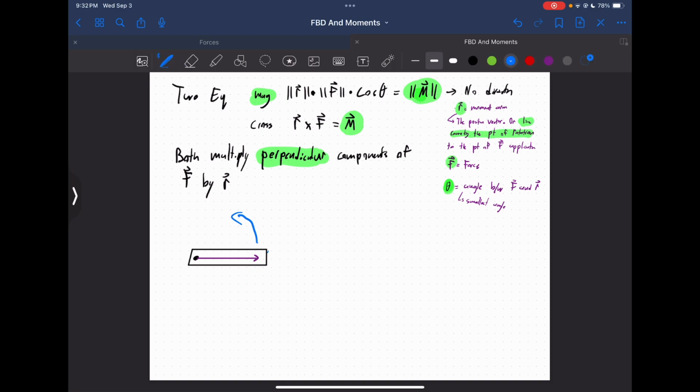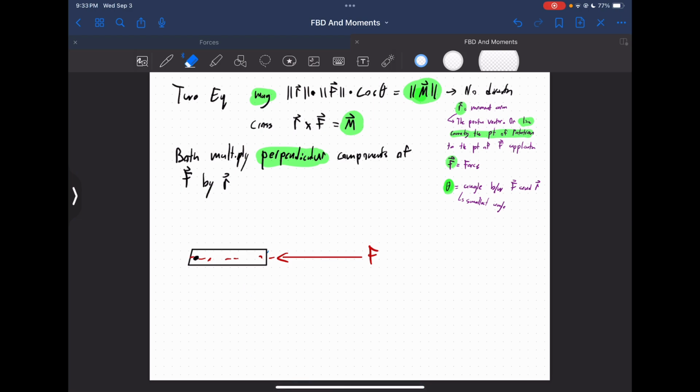Now, the closer I get to being flat, I hit it here, it's going to rotate, but not that much, until I get to the point where I'm hitting it directly in line with that point of rotation, in which case this force is not going to rotate it either way, right?